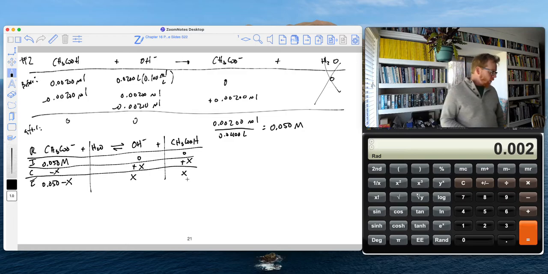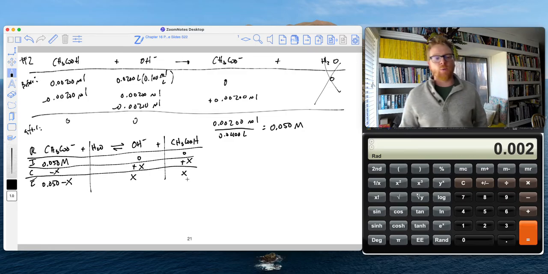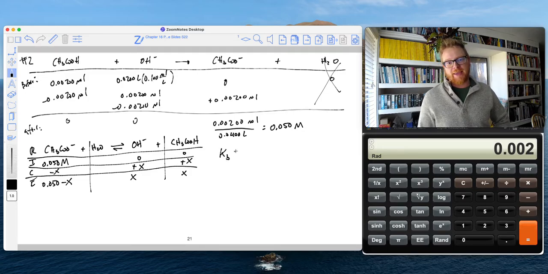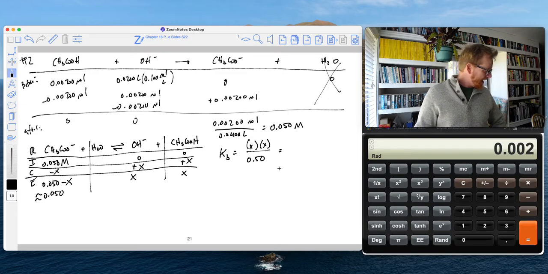And so now we need to figure out what K value we want. And we know that because this is the reaction that produces hydroxide, we want Kb. So I know that my Kb expression is going to be x times x, all divided by 0.05. And I'll write the Kb value down here for acetate.